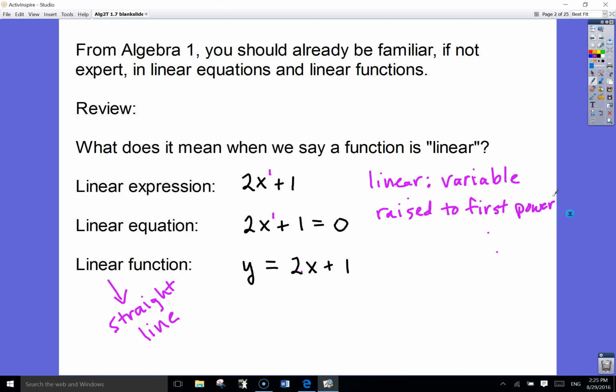And again, for a function, again, variables raised to the first power. Actually, this variable is raised to the first power too, and we know that the shape of that thing is a straight line. Think of it like y equals mx plus b, right? Slope-intercept form of a line.